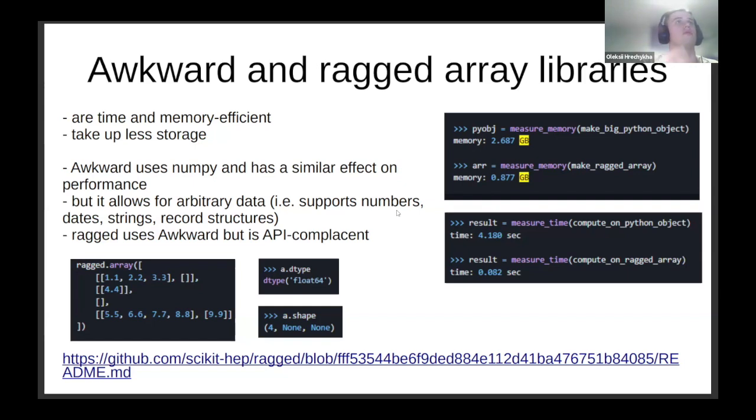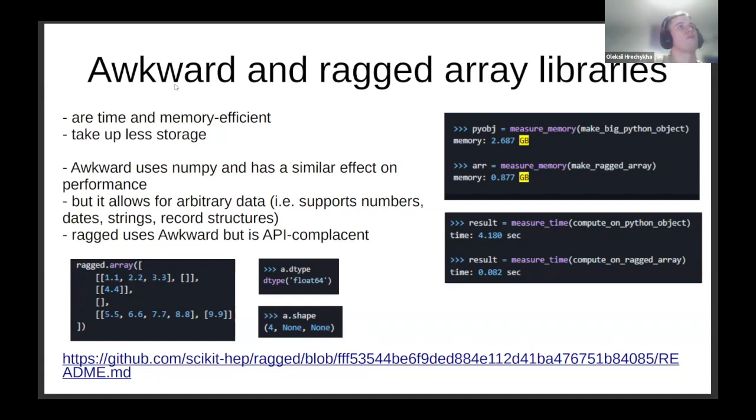So there is the awkward array library which uses NumPy and allows for basically almost arbitrary data structures and almost arbitrary array shapes, because this may be needed in high energy physics when some particle does not have the number of parameters that you want it to, and other libraries are not capable of working with such data.